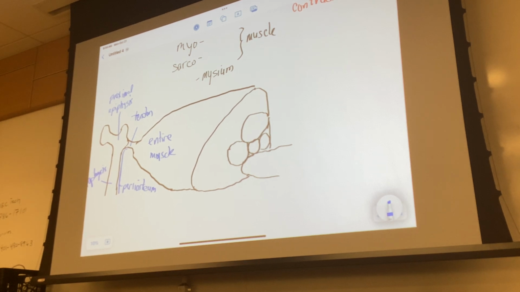And if you look at the top, right above this entire muscle, the covering of the entire muscle is called the epimysium. The entire muscle is then broken up into smaller and smaller subunits. The first subunit is called a fascicle.